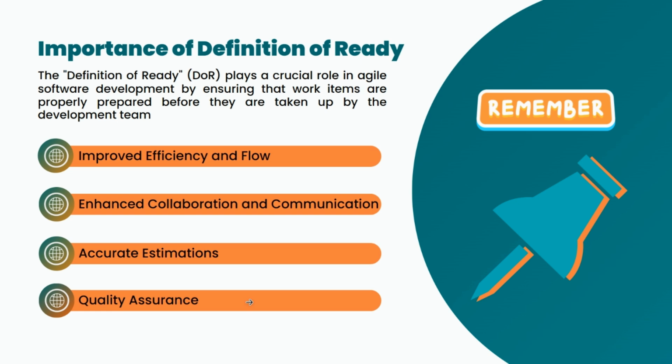So if all these criteria are being followed properly, then definitely we are going to avoid missing on the quality. Because if everything is set, whether it's a specification, a requirement, dependencies, or prerequisites, everything is clear.